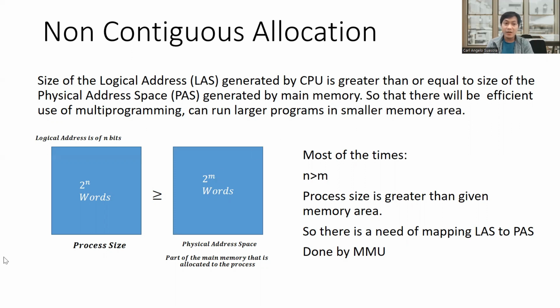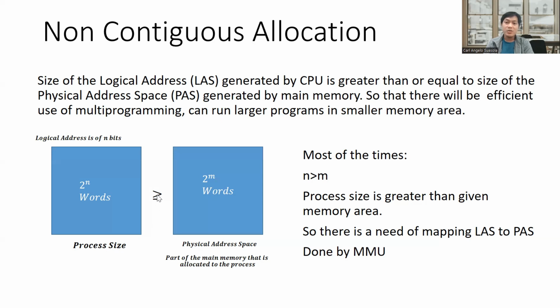As you can see in the figure, this is an example of how we can illustrate non-contiguous allocation. There would be 2 to the n, where n indicates the bits required for the logical address, and this tells us the process size.